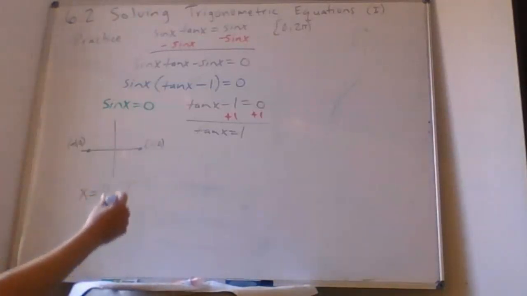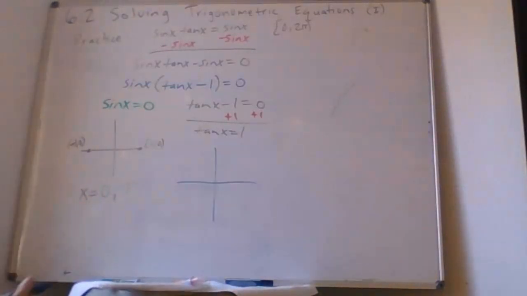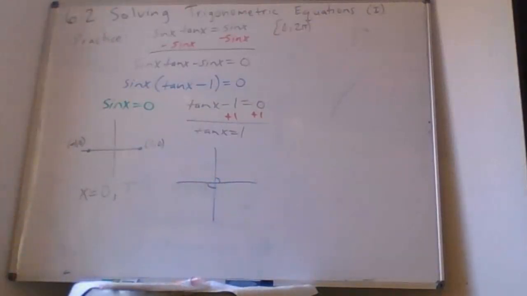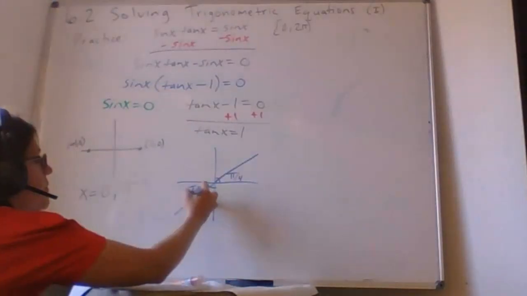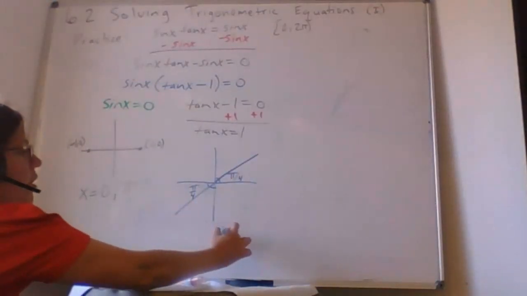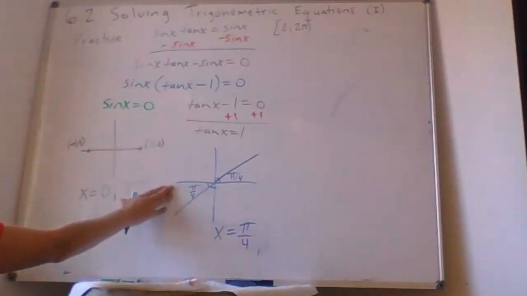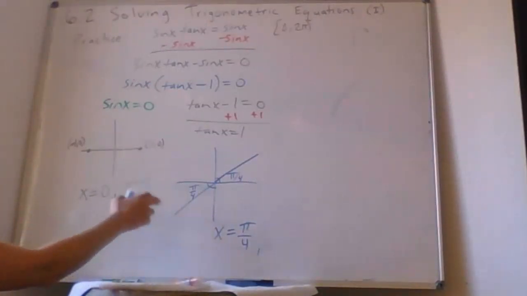Now, tangent of x equals 1. Tangent is positive in quadrants 1 and 3. And when we get tangent or cotangent equaling plus or minus 1, our reference angle is going to be 45 degrees or pi over 4. So in the first quadrant, our x value is pi over 4, but we have to do some work for the third quadrant.